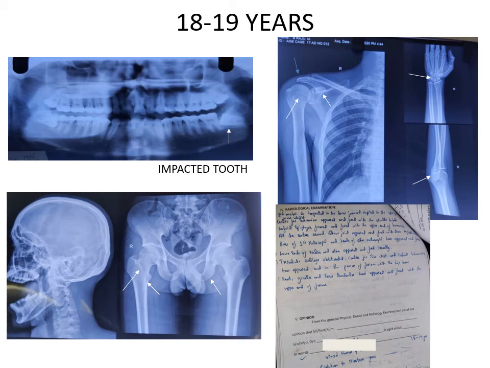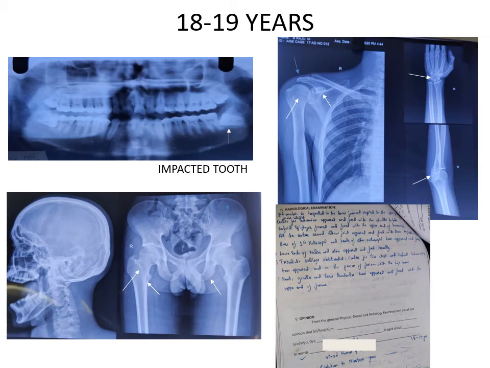There is no space for it to erupt because of the jawbone. So you can say that the third molar is an impacted tooth. That means this person will not have a wisdom tooth in the lower jaw. In the upper jaw, it is trying to find some space.